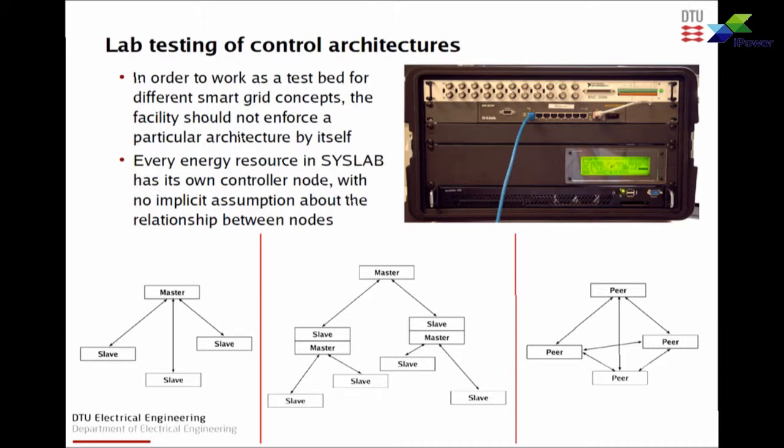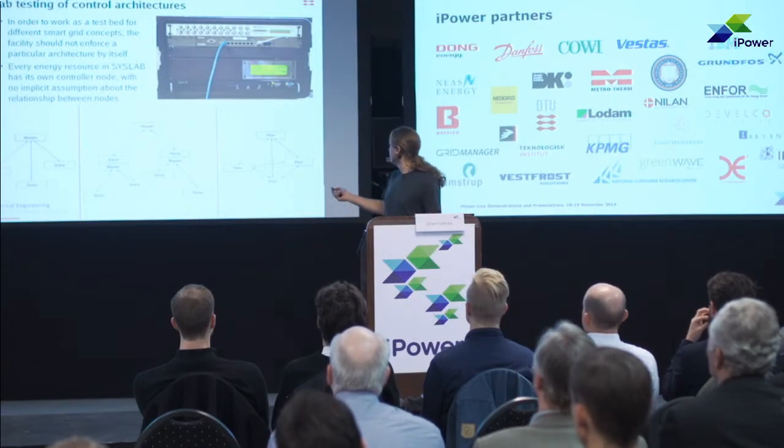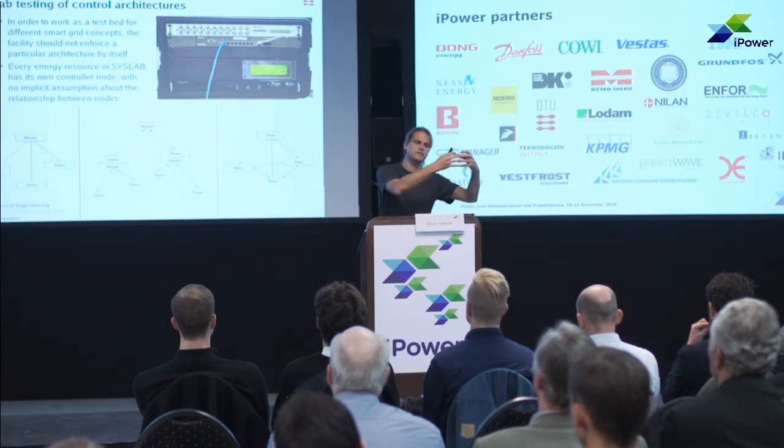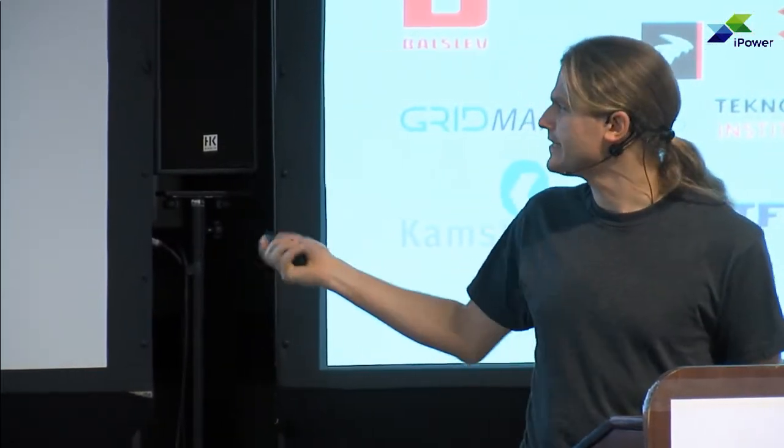The problem is, if you want to test a distributed control approach, like, for example, an aggregated system where you have a master that controls some slaves that are themselves masters that control more slaves, or something even more radical that has been floated many times in the context of smart grids, a peer-to-peer system that doesn't have, at least not a fixed master. How do you test a thing like that in a system where you are limited by a setup like that? So we figured we cannot have that.